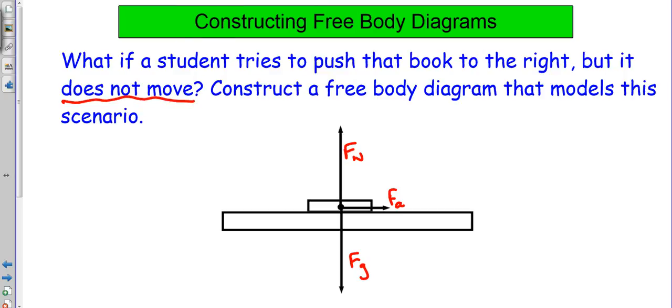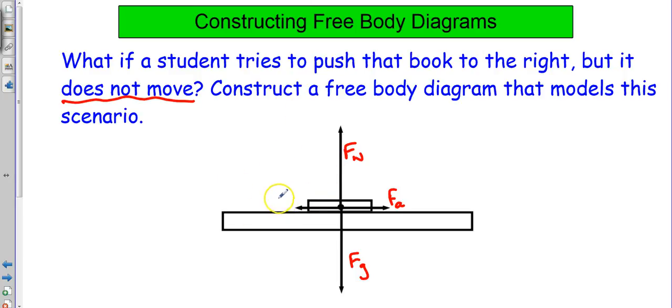The book doesn't move, and so we know it's in static equilibrium, and under static equilibrium, if we've got a particular force applied in the x and it's not moving, then there better be a force that's equal and opposite acting in the other direction. And so we model that force.